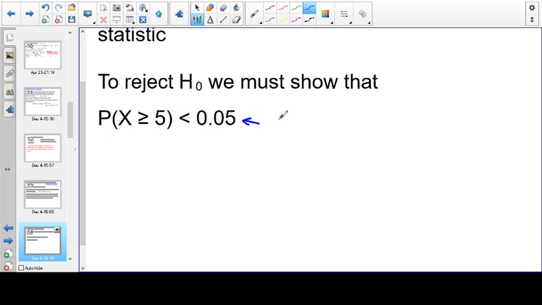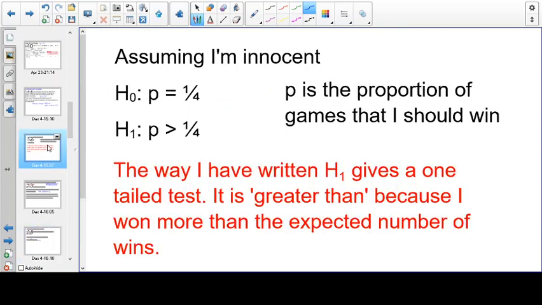This number here, this is the significance level. So we need to show that the probability is under 5%. So the chances of me winning is small. The 5, that's the test statistic. And we have written greater than or equal to, it's greater than because that has to match the alternative hypothesis.